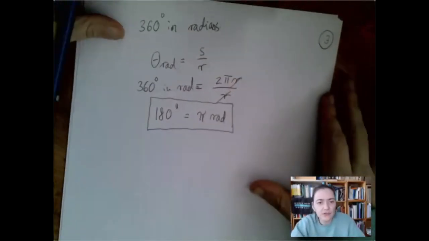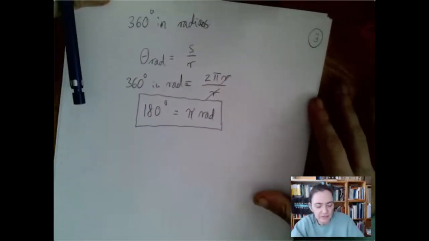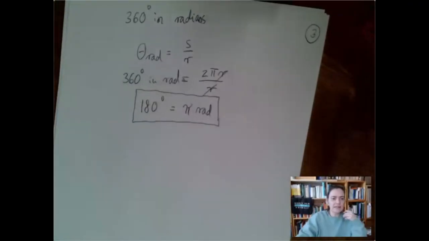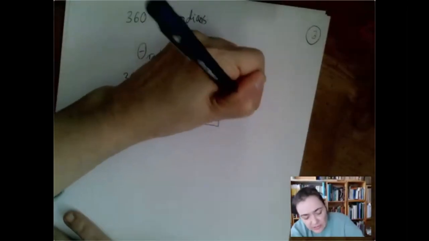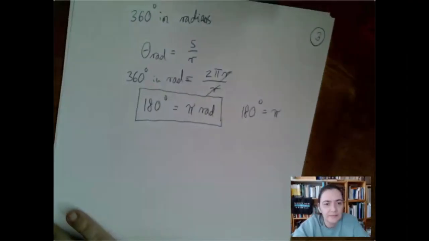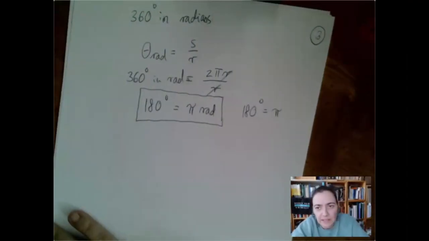But usually mathematicians or physicists are kind of mean, and it's just an extra courtesy to say radians, because radians are a unitless unit. It's a real number. So usually you're just going to see 180 degrees is pi, and that's pi radians. Okay.